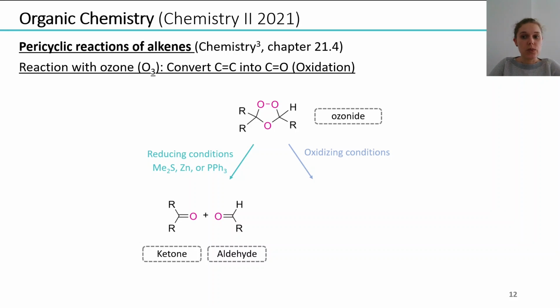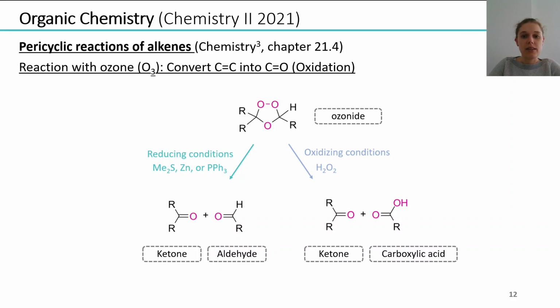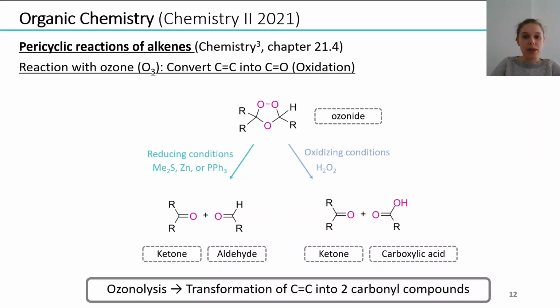Conversely, if we use oxidizing conditions, then we will end up with carboxylic acids and/or ketones. And the overall reaction of alkenes with ozone in order to transform the carbon-carbon double bond into 2 carbonyl compounds, followed by the reaction with either a reducing or oxidizing agent, is called ozonolysis.